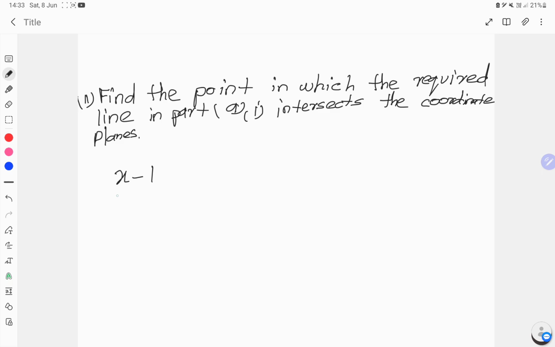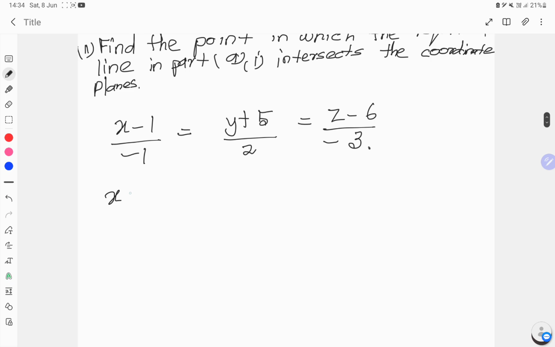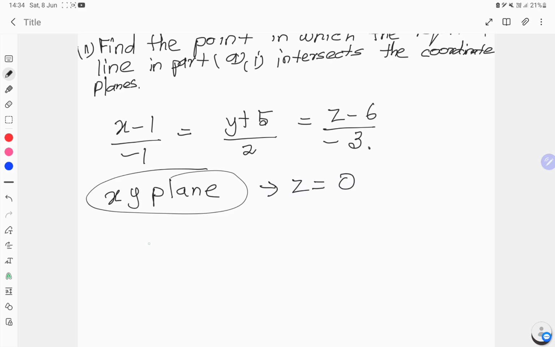This one gives x minus 1 over minus 1, y plus 5 over 2, z minus 6 over minus 3. We take a xy plane. Xy plane, here z equal 0. Therefore we substitute the z equal 0 in the star equation.